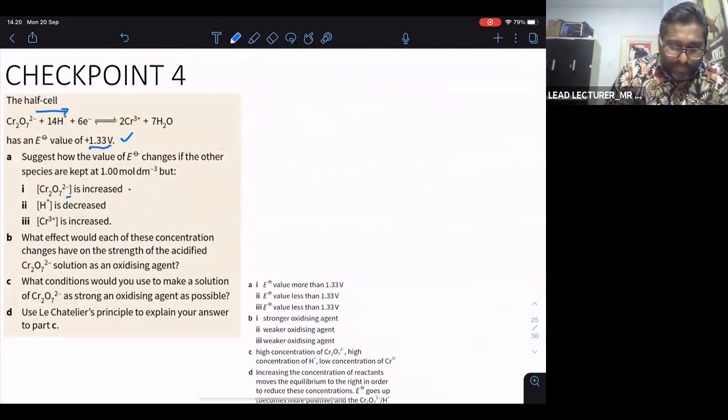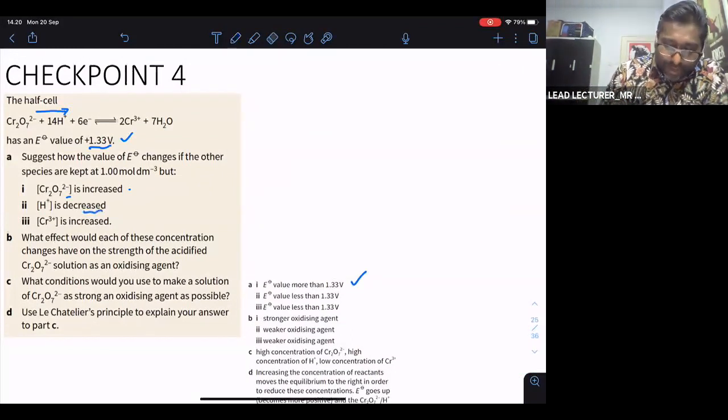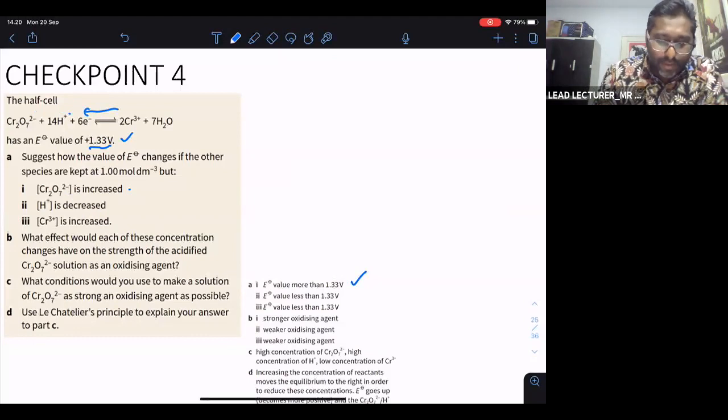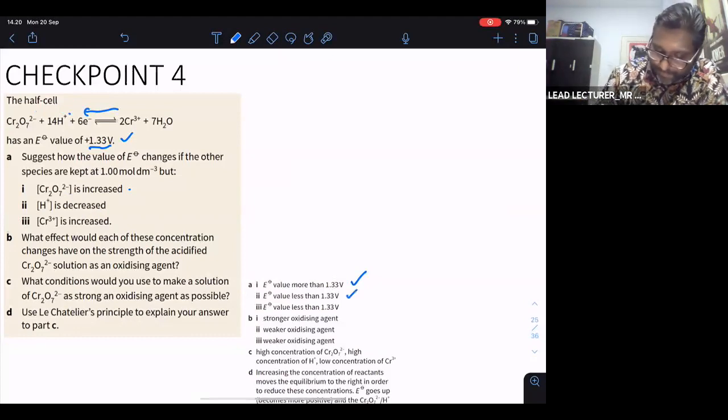It will become more positive, so it will be greater than 1.33. If this H+ is decreased, I need to increase this back, so it goes to the left. When it goes to the left, it will become more negative, smaller than 1.33.